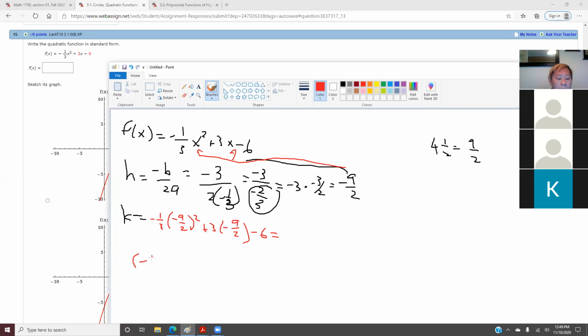It's -1 ABC 3, that is just for this, then 9 ABC 2, and then you have to square it, plus 3 parentheses 9 ABC 2 minus 6.